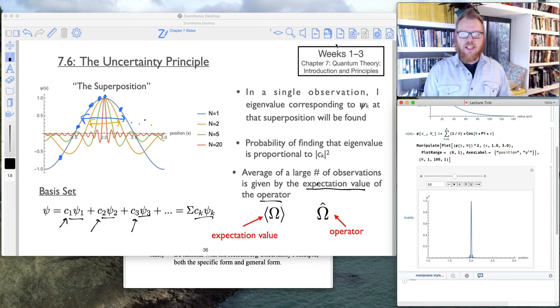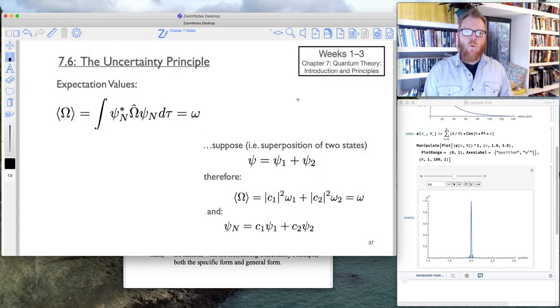Okay, so continuing on, what is this expectation value? Let me get to my cheater notes. Okay, so once again, just in our notation, when we do this symbol right here, that's the expectation value of the operator in question, all right?